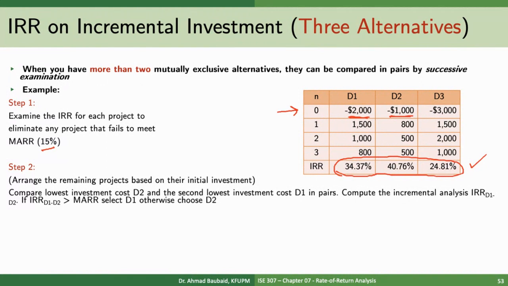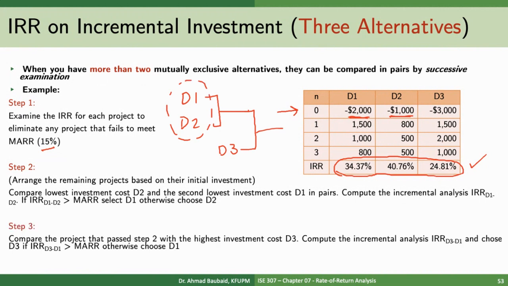It's kind of like a tournament. I'm going to select one, and then use the one that I select to compare it with D3. So you can draw the bracket here. I'm going to do D1, D2, and then the winner faces D3 for the final. And of course, each step, you do it exactly like we did before.